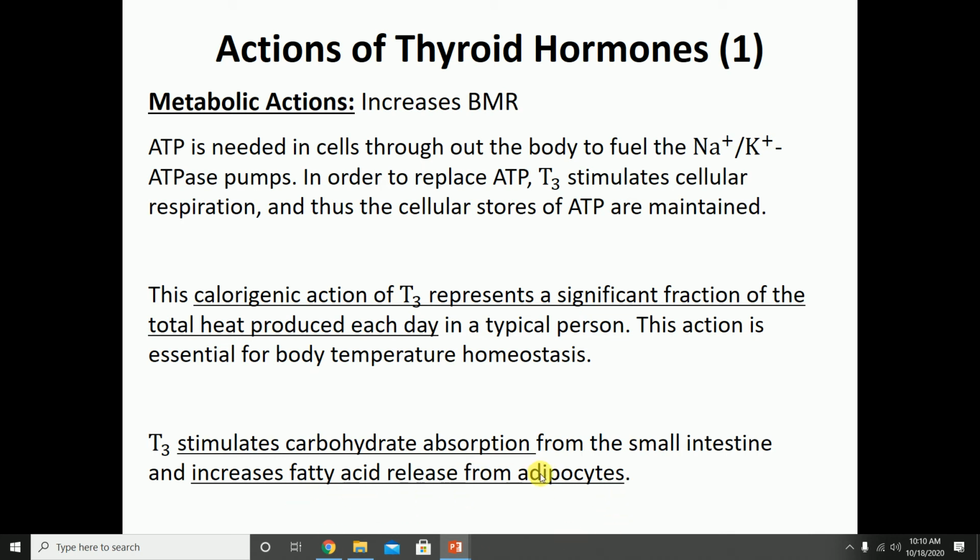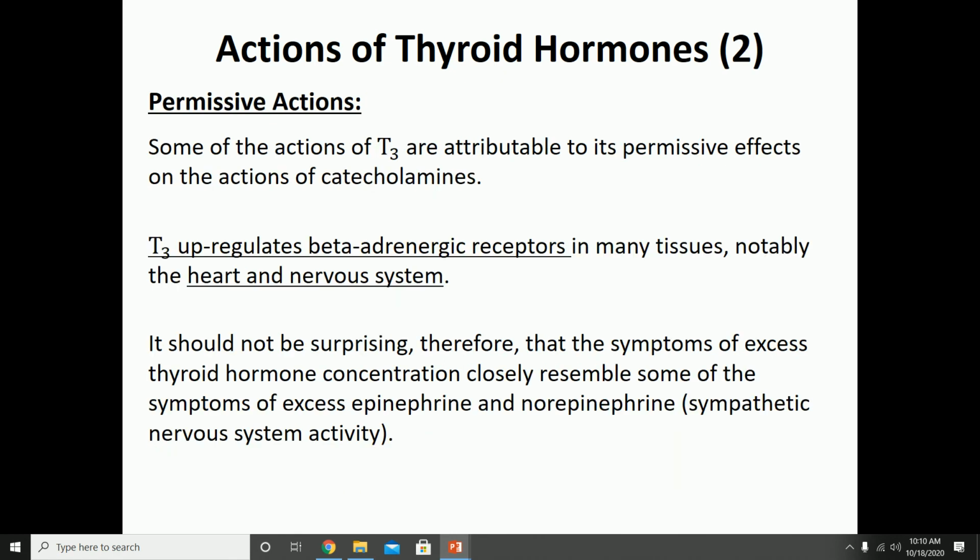If you remember when we talked about the permissive action of thyroxine and epinephrine, we talked about how thyroxine helps the breakdown of adipocytes into fatty acids, releasing them into the system. There's the permissive action, and that brings us back to that: the permissive action between T3 and norepinephrine or catecholamines, which are norepinephrine/epinephrine.